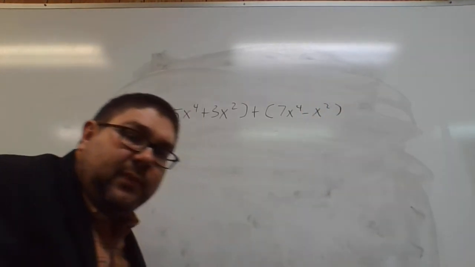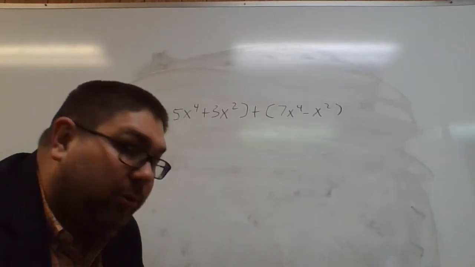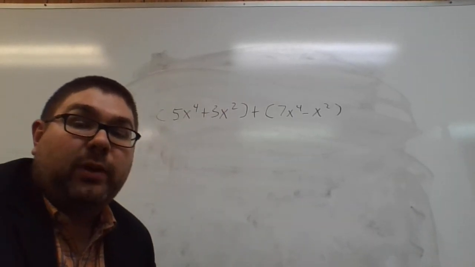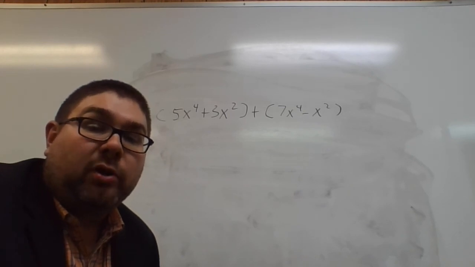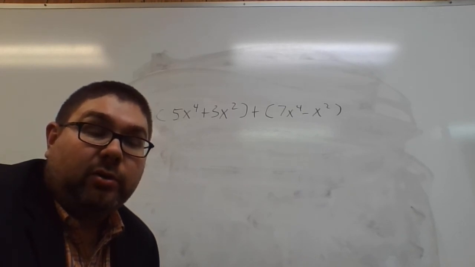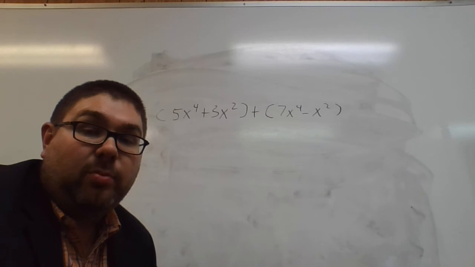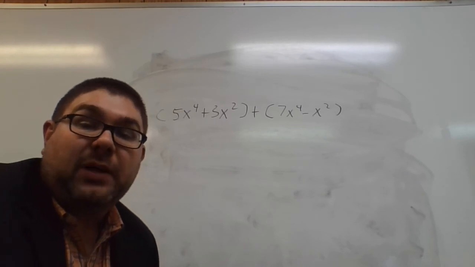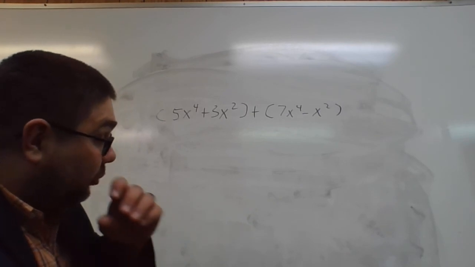Okay, so here we have two polynomials. I want you to start by saying a polynomial is a group of more than one term. Poly means many, and nomial means number, but it applies just to terms when we're talking about math, about algebra.